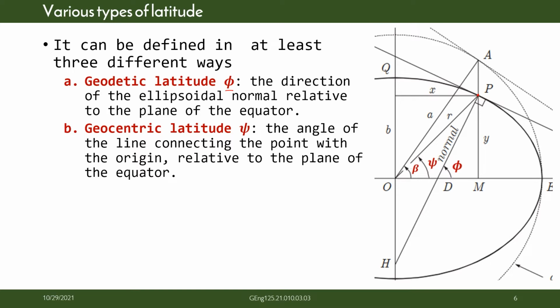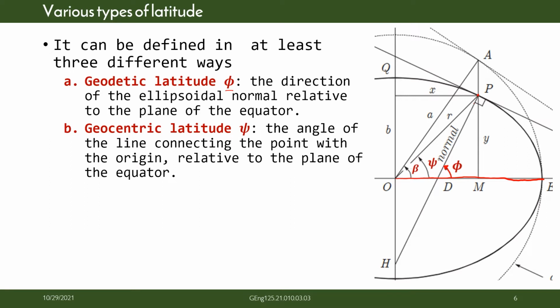It is the direction of the ellipsoidal normal relative to the plane of the equator. So from your equatorial plane, your equator, going to your normal. When I say normal, meaning at this point, we project a normal line.